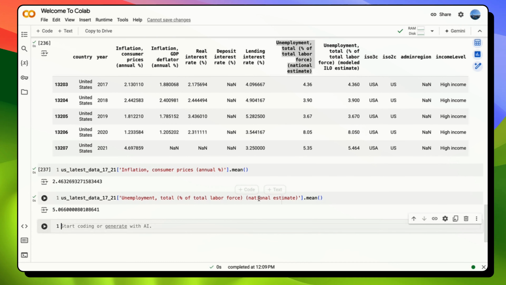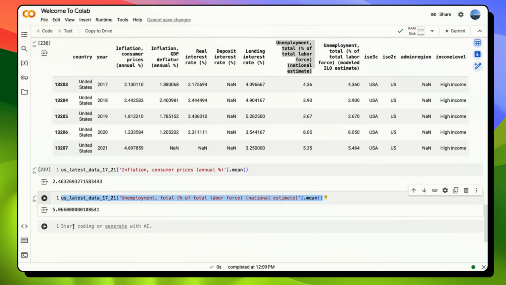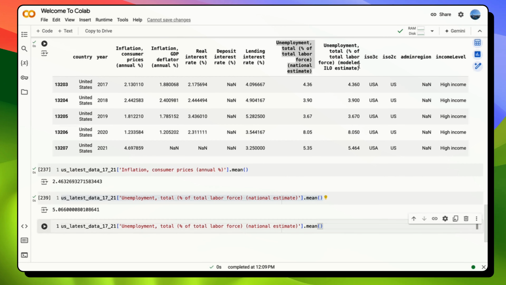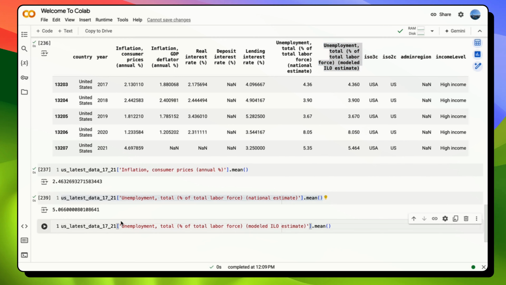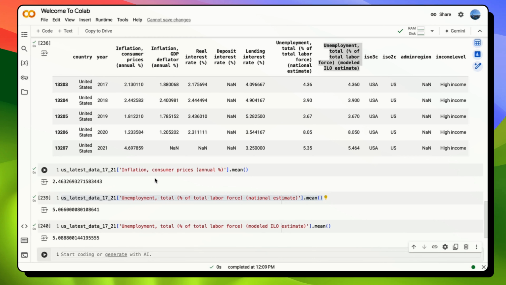Let's go ahead and see the another estimation by another modeled ILO, International Labor Organization. Let's go ahead and see. So it's a little bit higher.